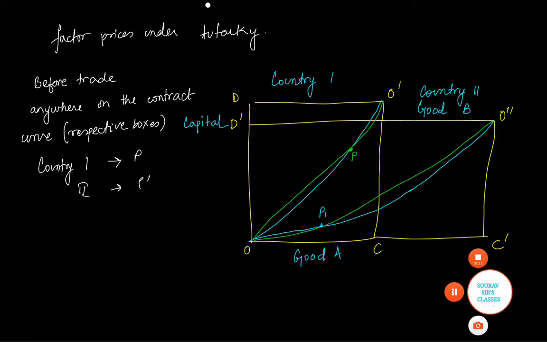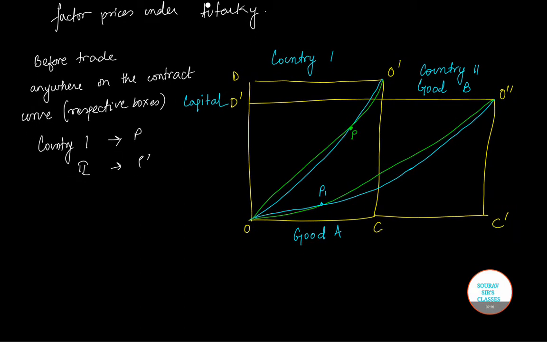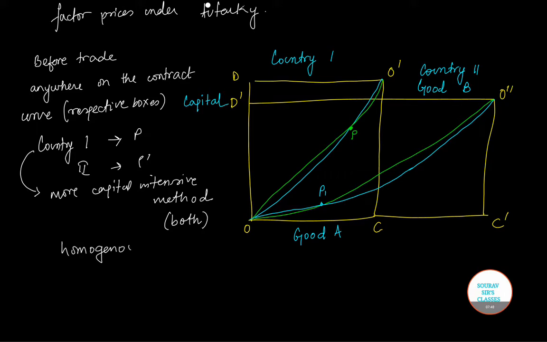So after these points we have said, what is the implication for factor prices? Now you can see clearly that country 1 uses more capital intensive methods of production than country 2 in both lines of production. Now production functions are the same in both countries and they are homogeneous. So this is the assumption of the first degree.